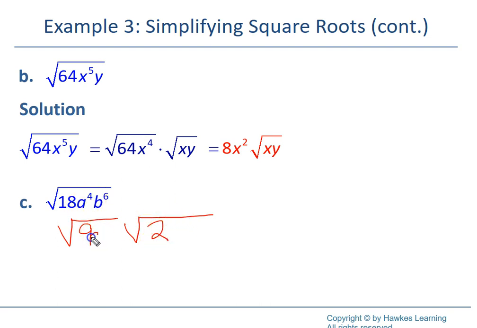This is a perfect square. And this is a perfect square. So, square root of 9 is 3. I'm dividing the 4 by 2 and get a to the second. Dividing the 6 by the index number 2, get b to the third, the square root of 2.